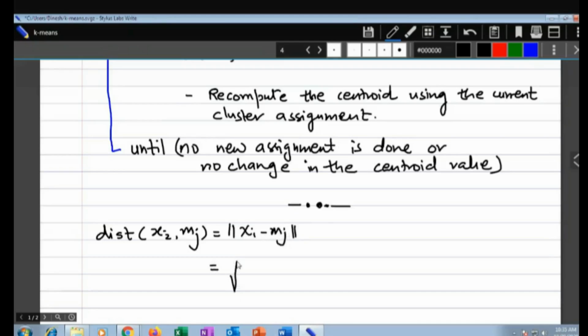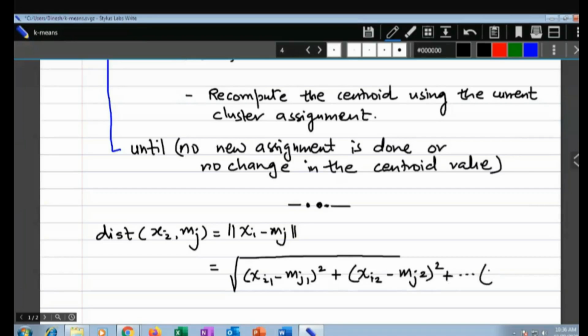Mathematically, it is xi1 minus mj1, squared, plus xi2 minus mj2, squared, and it goes on up to, let's say there are r features, xir minus mjr squared. And then the square root of this whole summation.